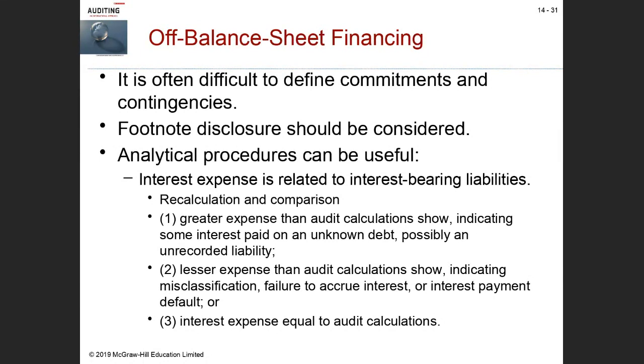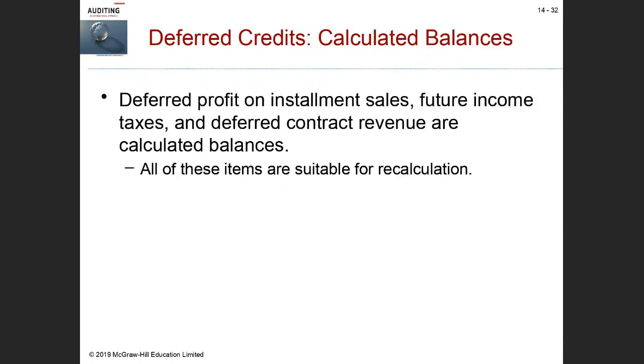The client only has 1.5 million. Well, the client forgot to accrue interest at the end of the accounting period. So recalculation of balances does make a lot of sense in this area. It ensures interest expense is properly reported, of course, but it also ensures that we've picked up all the liabilities that exist. Again, the theory that if we have interest, we need to have a corresponding debt to be recorded.